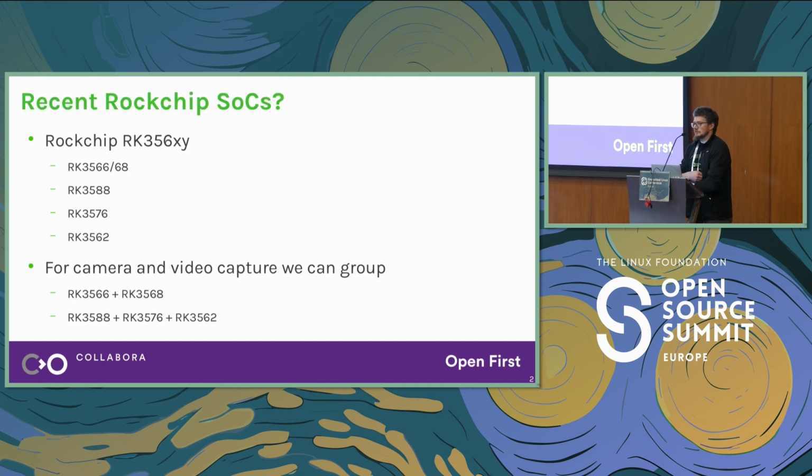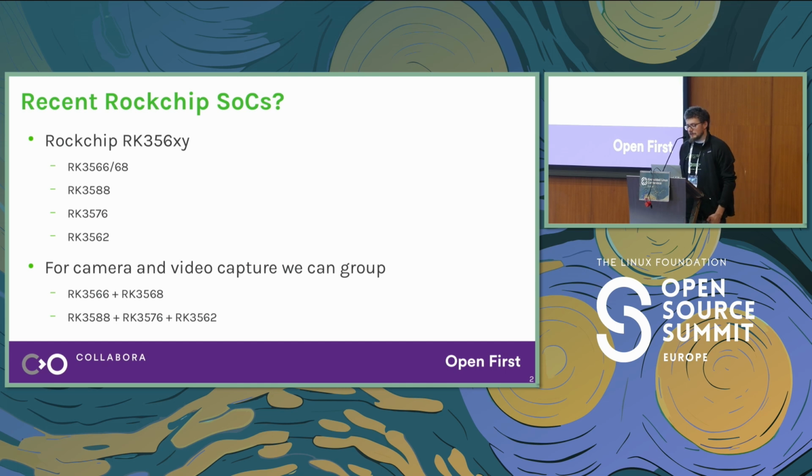Now, by recent Rockchip SoCs, I mean mostly those of the RK35 series. And roughly we can group those models into two categories. Now the 3566 and the 68, they're mostly the same. The 68 is slightly bigger, with more IP cores, and the 66 is a bit restricted version of that.